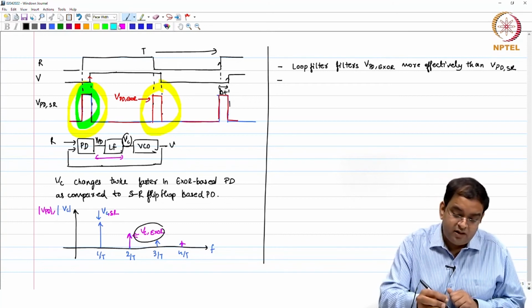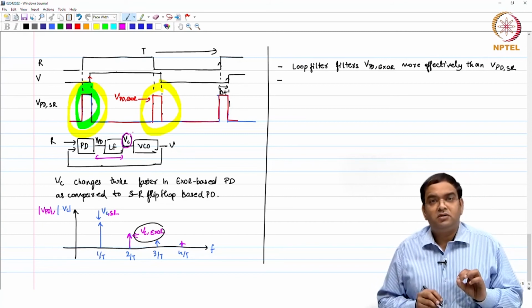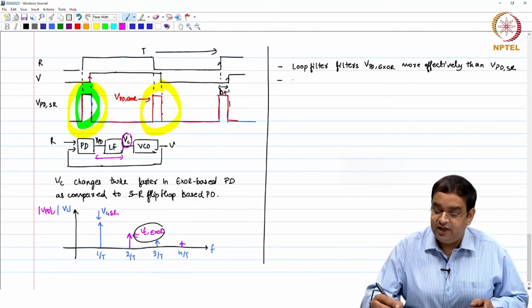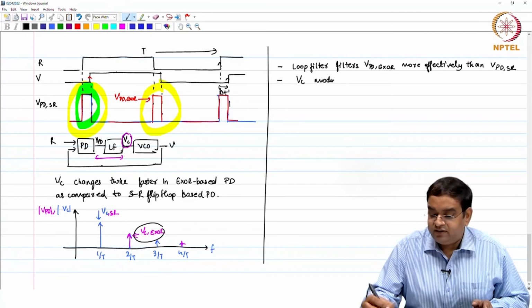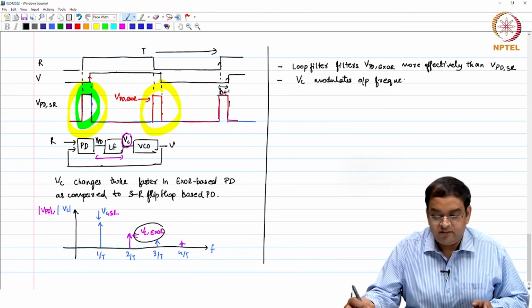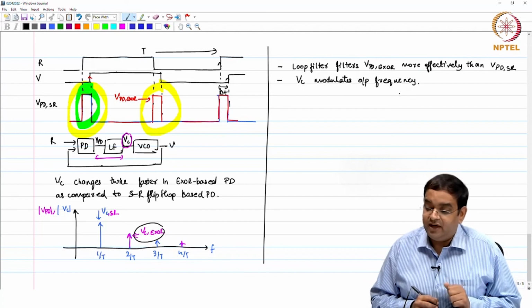You have seen that the control voltage of the oscillator modulates the frequency of the oscillator. So, VC modulates the output frequency. This is something you may remember by now.